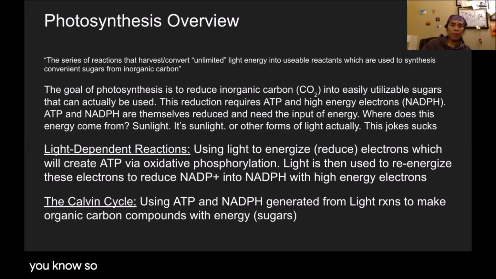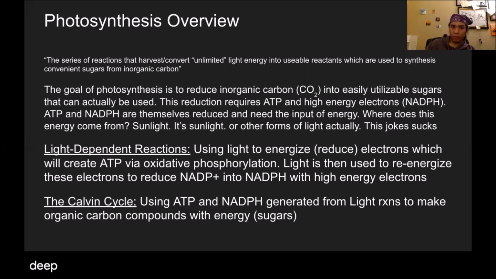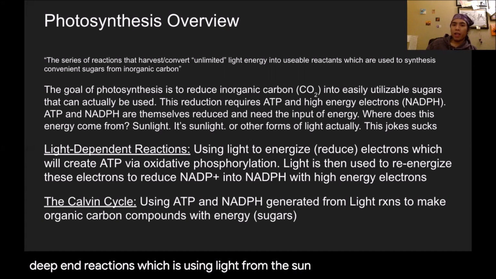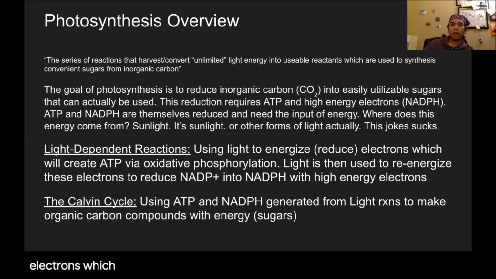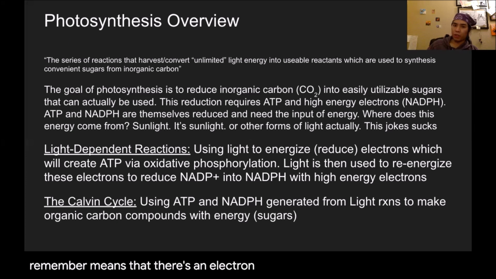So there are two categories of reactions generally. There are the light-dependent reactions, which use light from the sun to energize or reduce the electrons, which will create ATP via oxidative phosphorylation, which, if you remember, means that there's an electron transport chain involved.